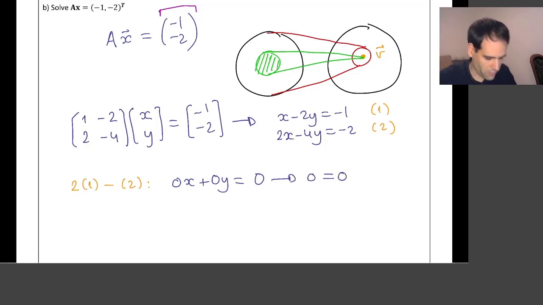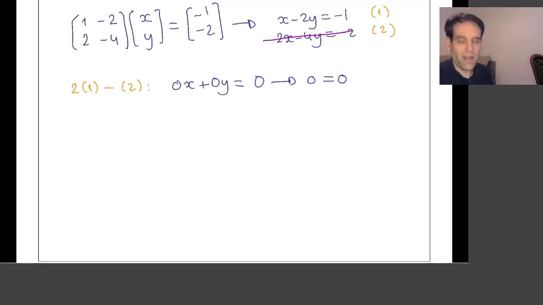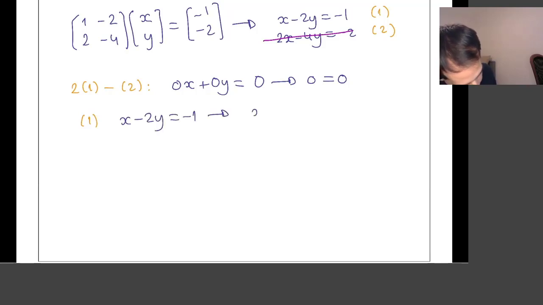Okay? So it means that the two equations are giving us the same information. So we can actually get rid of one of the equations. So now we can look only at equation 1. And equation 1 is saying that x minus 2y equals -1. Therefore, x equals -1 plus 2y. This is the equation of a line.